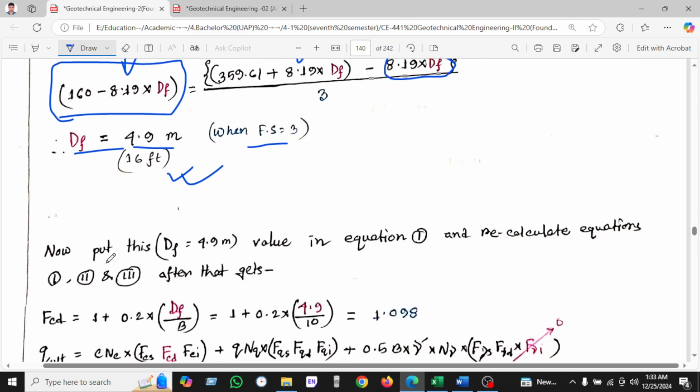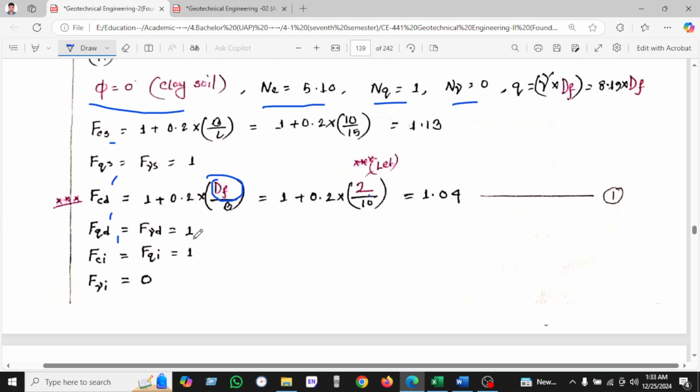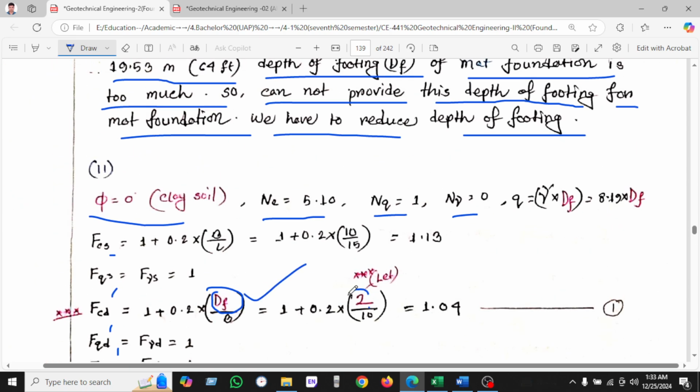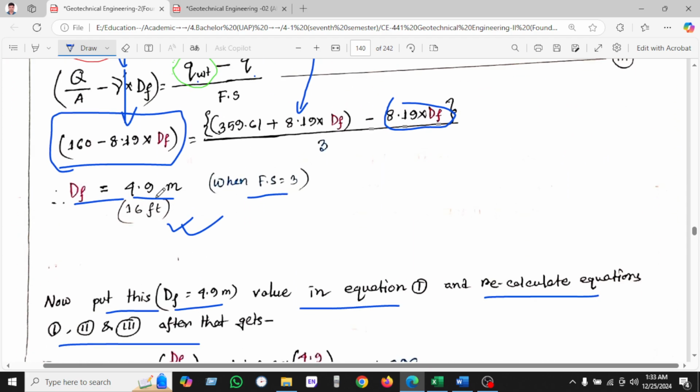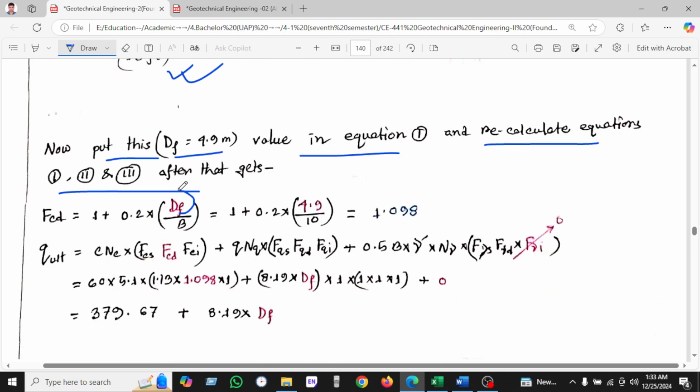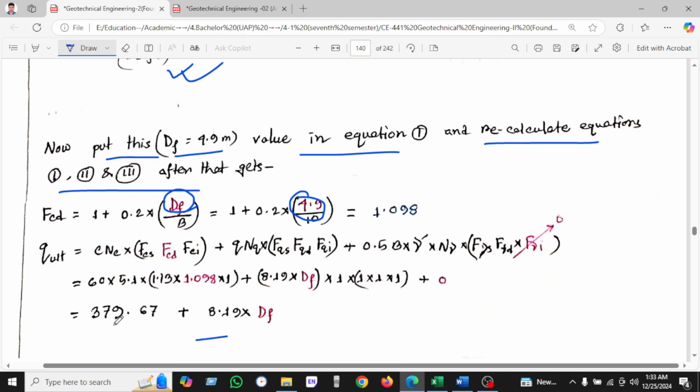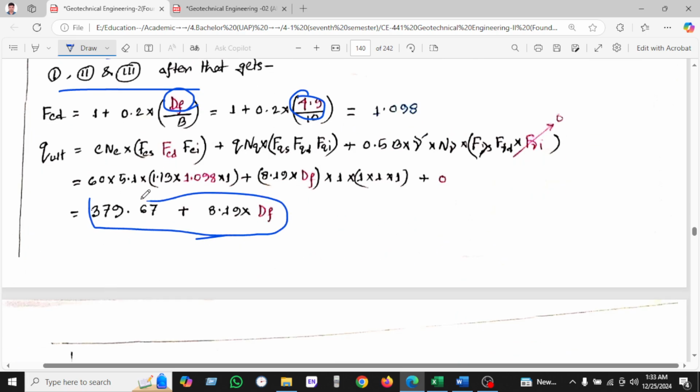Now we'll put the depth as 4.9 in equation 1 and recalculate equations 1, 2, 3 and so on. At first we had taken DF as 2, so now we have the depth of footing of 4.9. So we'll use 4.9 here, recalculate everything, and find q ultimate. The equation is here.